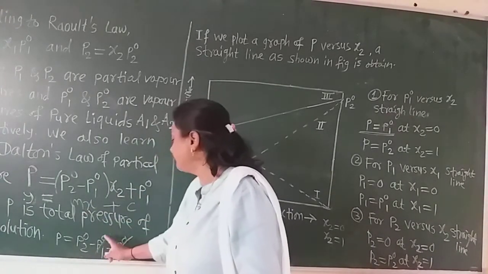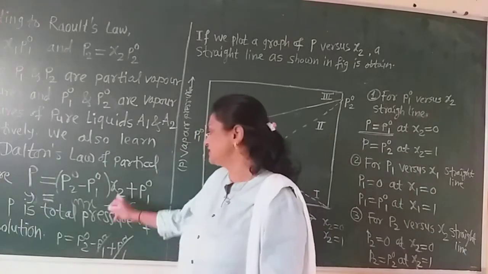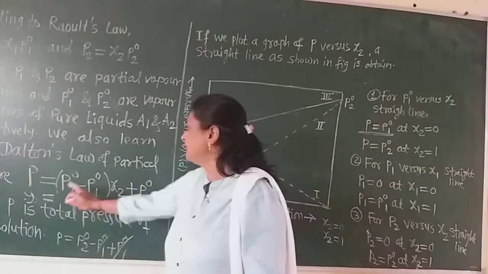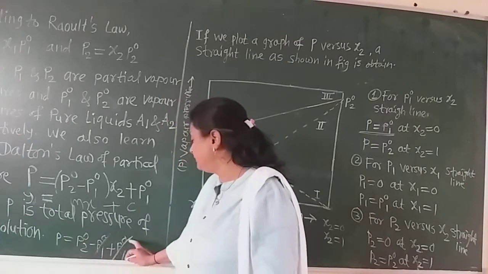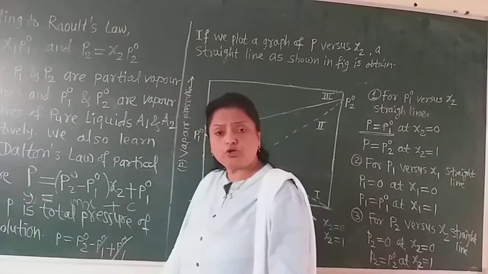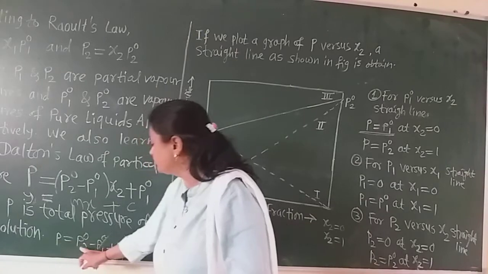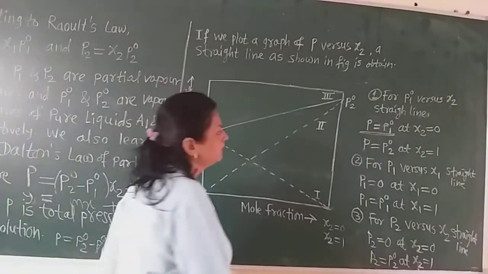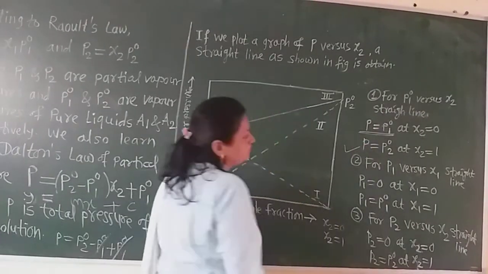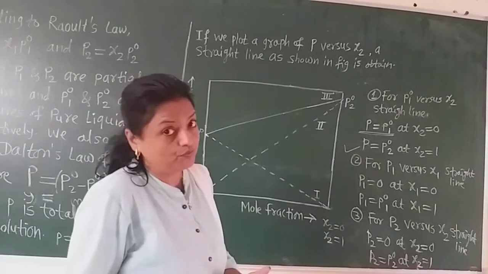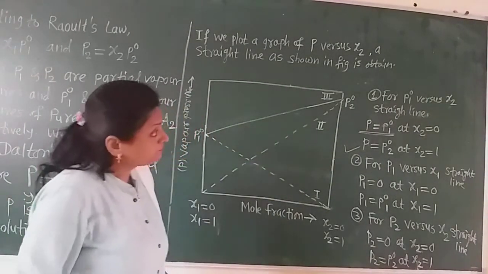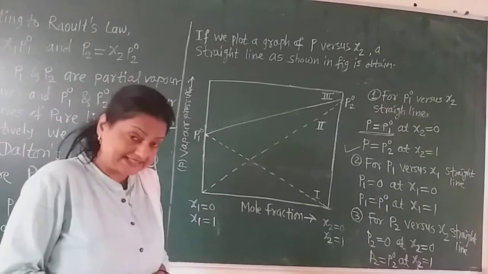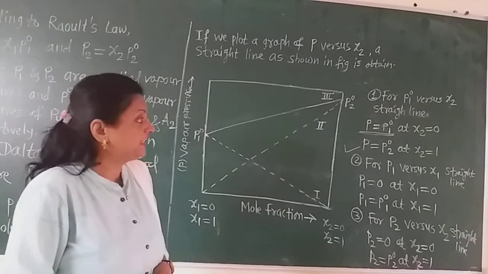Minus P01 and plus P01 get cancelled because x2 is equal to 1, so P remains P02. See here, P is equal to P02 when x2 is equal to 1. Now this is for the graph of P versus x2, which is a straight line.